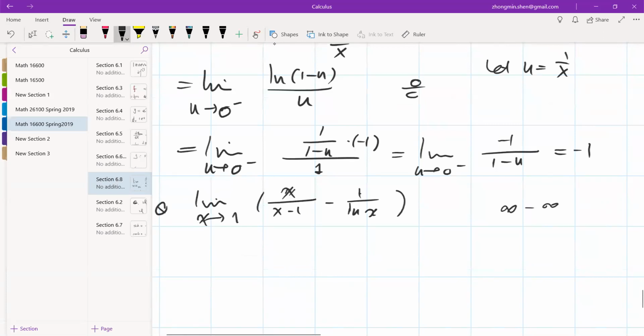You have to express it as a quotient of two functions, then apply L'Hopital's rule. Combine them into one fraction.